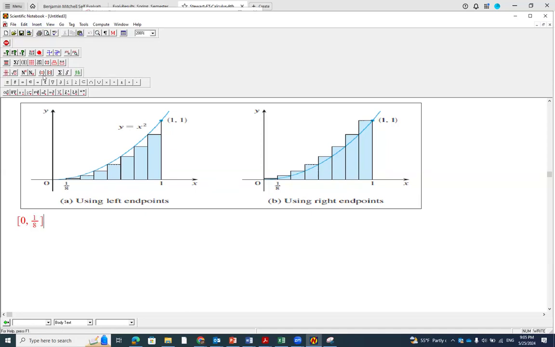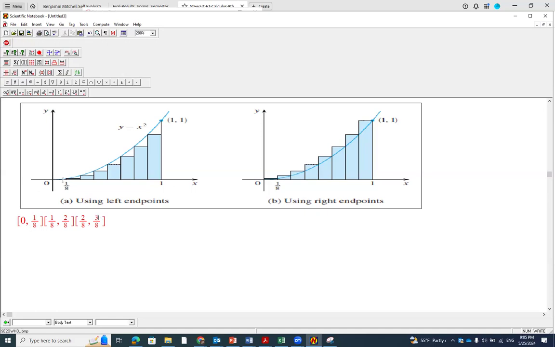The second one is going to be 1/8 to 2/8, right? We're not going to reduce the interval. Then the third interval is from 2/8 to 3/8.